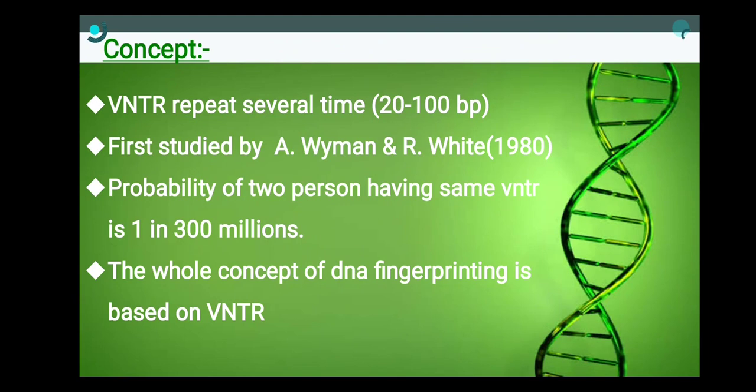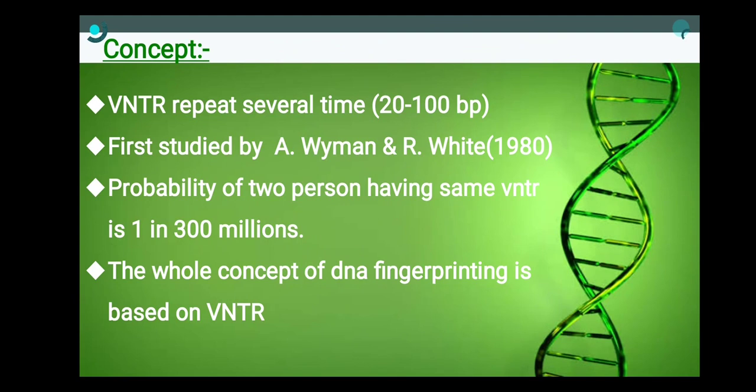It was first studied by A. Wyman and R. White in the 1980s, and they found that the probability of two persons having the same VNTR is 1 in 300 million, which is a very small ratio. That is why we can frequently use DNA fingerprinting for identifying and differentiating persons.